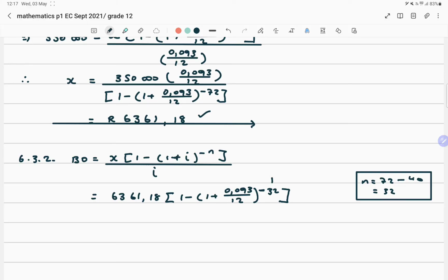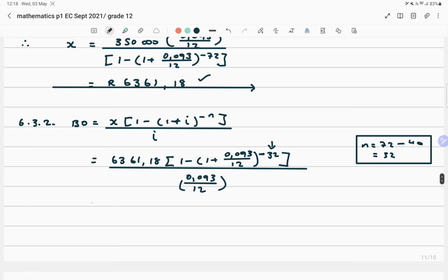So the key is this guy. The rest is just simple. So this is 0.093 over 12. So this one is quick. As you can see, it gets to the point much quicker. But you need to be aware that your friend here is something you need to work on.